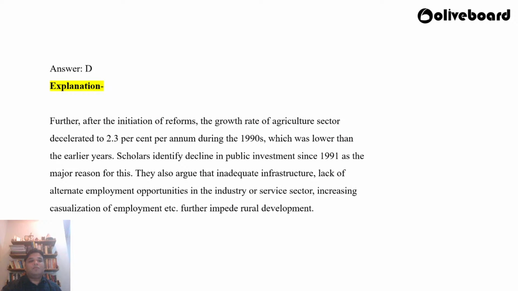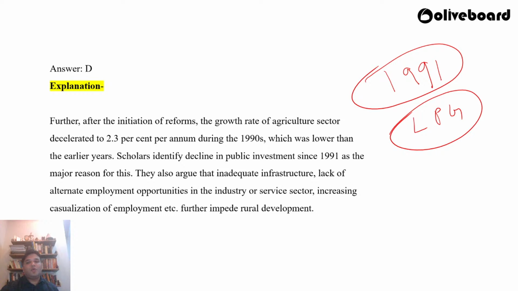Okay, so in the explanation, what we see is that after the initiation of reforms, which reforms are we talking about? The reforms of 1991, LPG, liberalization, privatization, and globalization, right? Which happened after the BOP crisis, the balance of payment crisis. So after the initiation of reforms, the growth rate of agricultural sector decelerated.